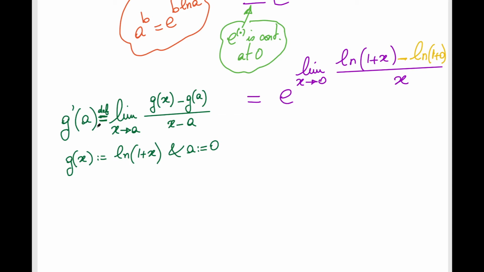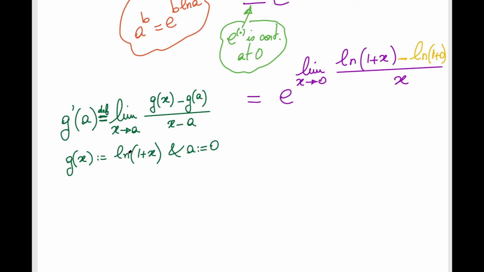One more time. This is the definition, we know that. Now, let's rewrite this definition when g of x is ln of 1 plus x and a being 0. We know that this function is differentiable at 0. We talked about this above.